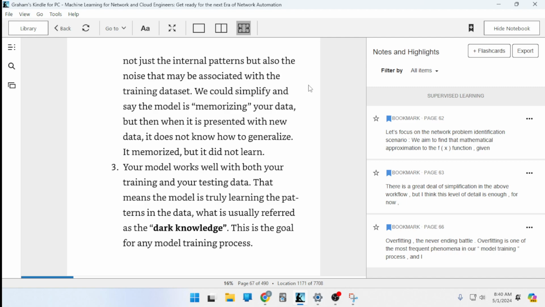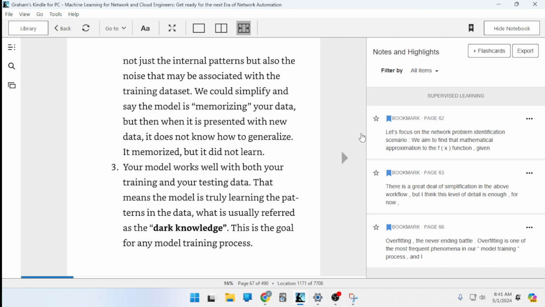Number three, your model works well with both your training and your testing data. That means the model is truly learning the patterns in the data, what is usually referred to as the dark knowledge. This is the goal for any model training process.